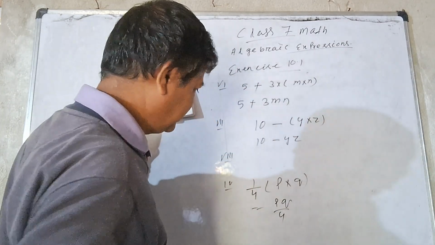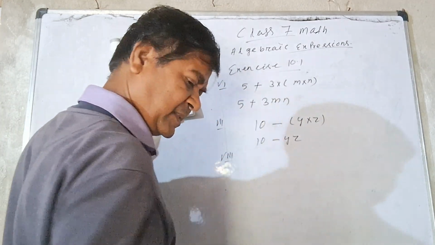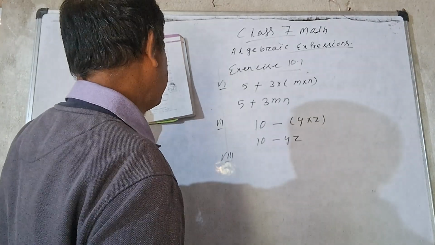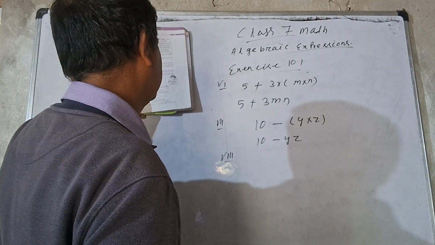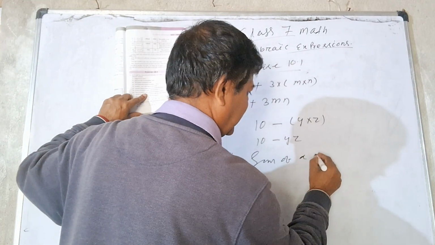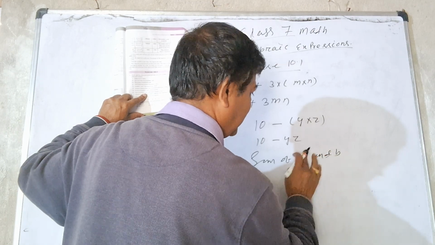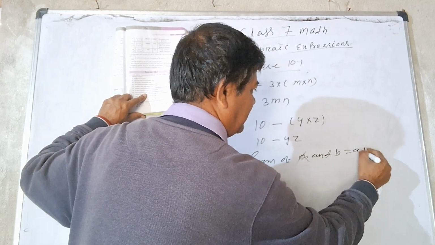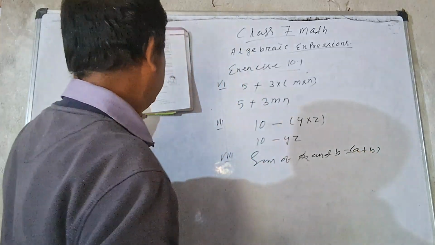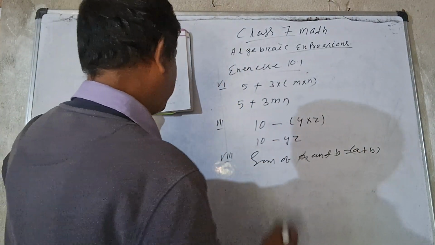Question viii. Sum of a and b subtracted from their product. Sum of a and b is a plus b. Subtract this from their product.